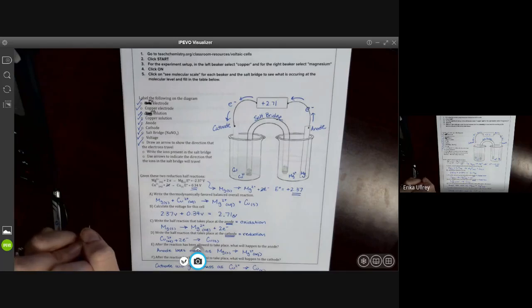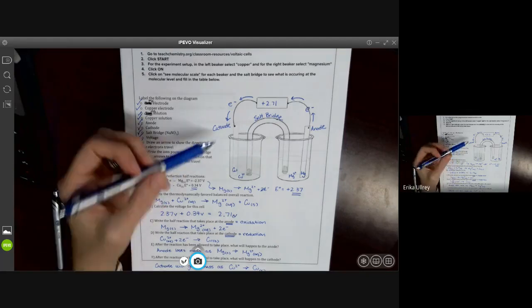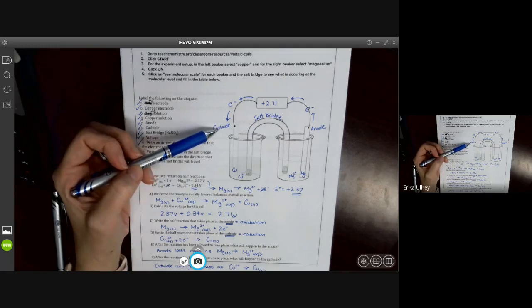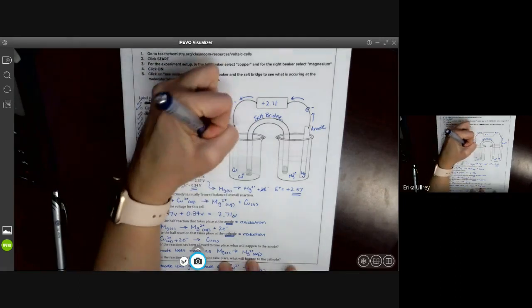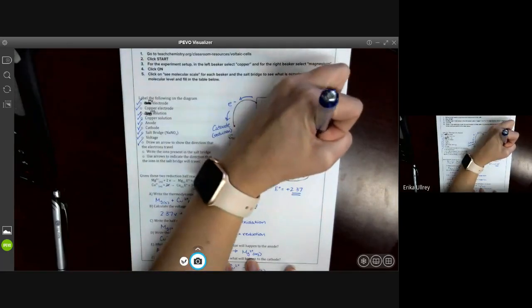Then it says, write the ions that exist in the salt bridge. So what's going to happen here is at the cathode, this is reduction, right? This is oxidation.